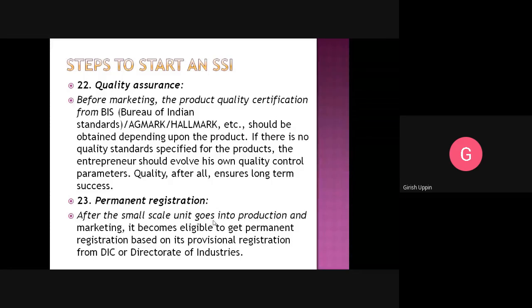For example, in case of a food related thing, we have Agmark. Similarly, you must have heard about ISI. Those are the different certifications that an entrepreneur can get, which will readily give assurance to the customer that this product passes this kind of certification, so it comes with good quality.